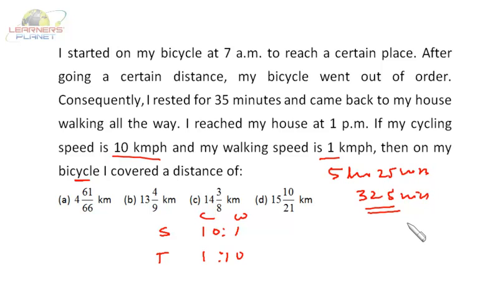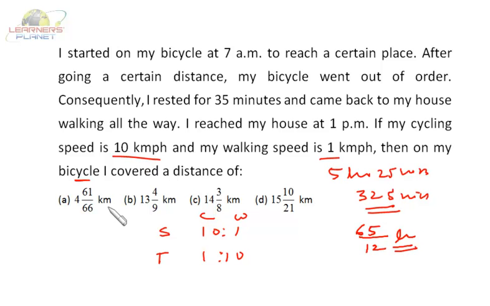Let's convert this time into hours. It is 5 hours and 25 by 60, that is 5 by 12. So in all it is 65 by 12 hours. Okay, now we have to distribute this 1:10 in 65 by 12 and we have to find here the distance covered by bicycle. So the distance is speed into time.